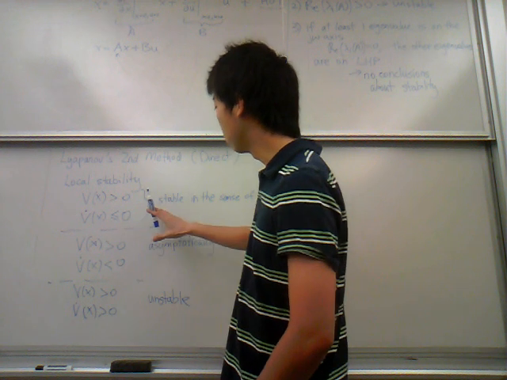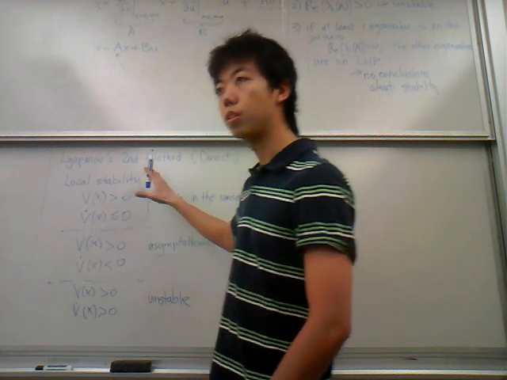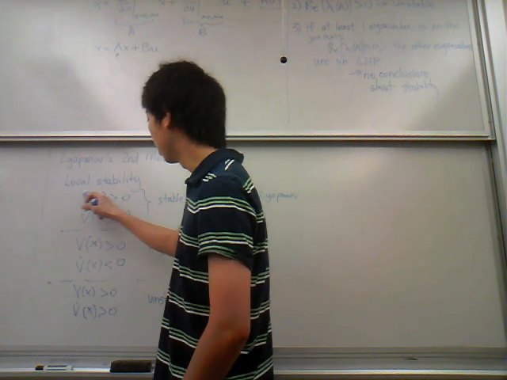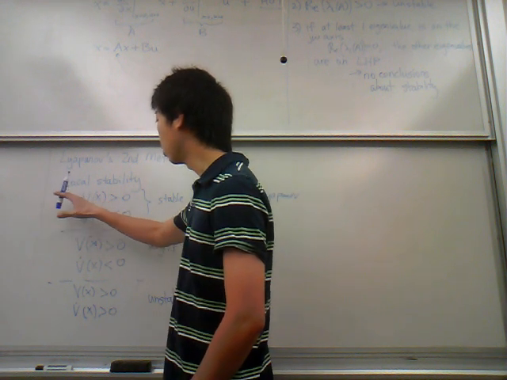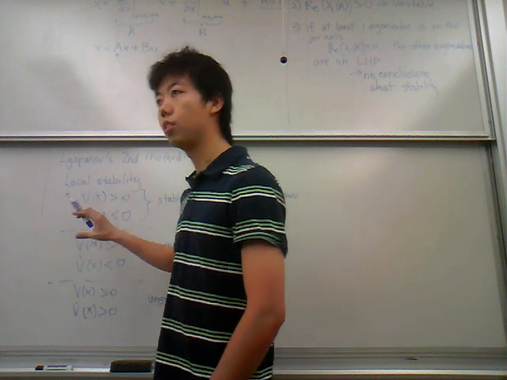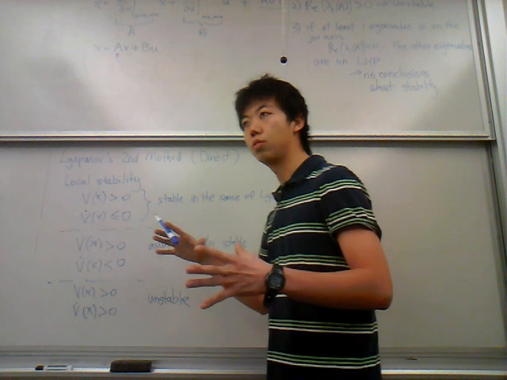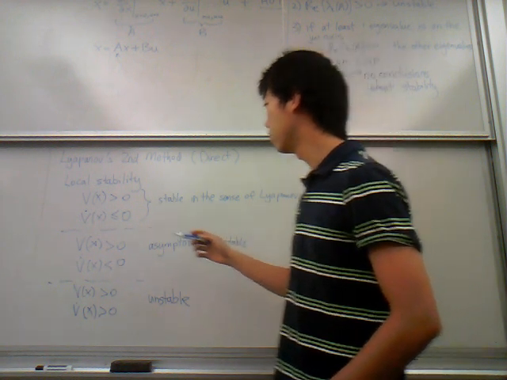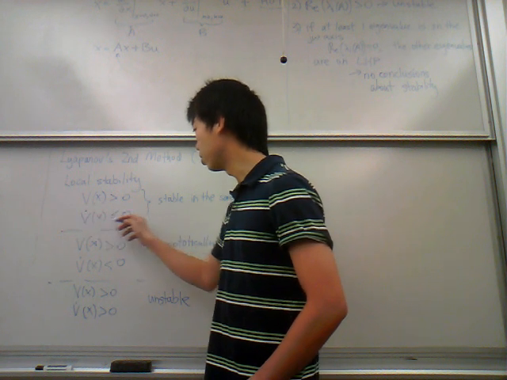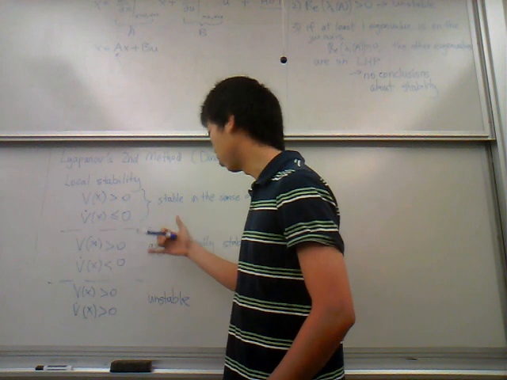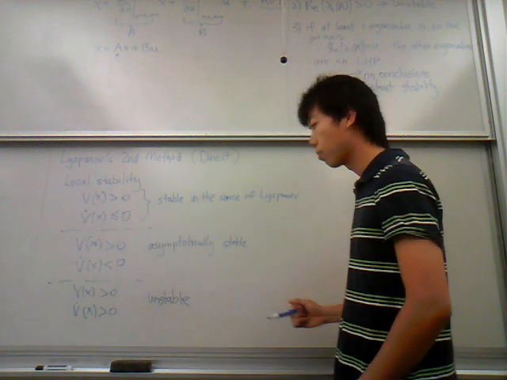And for all of these, because it's local stability, V and V dot only have to satisfy these conditions within some region about the equilibrium point, right? And when we choose these, we can show what that region is, and it will be stable or unstable within that region.